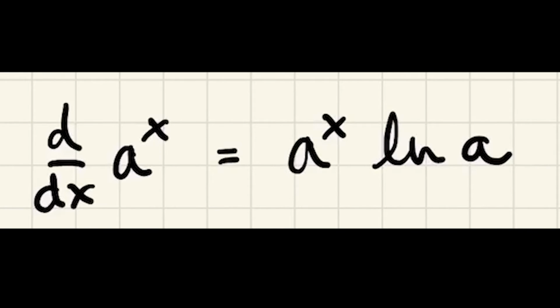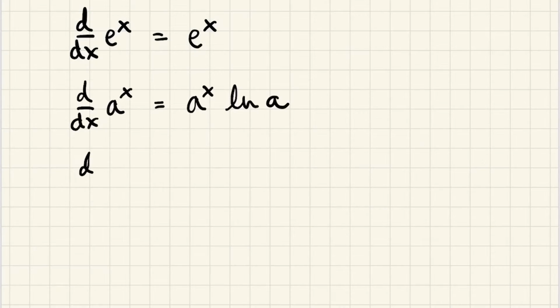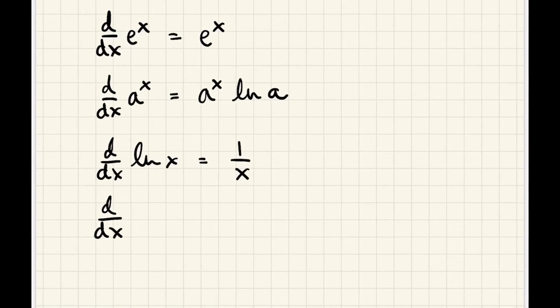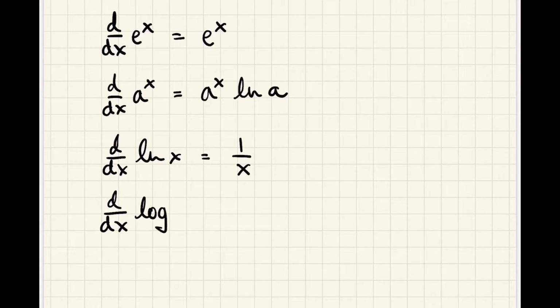Okay. Of course, you could save yourself a lot of trouble by just knowing the derivative of a to the x is a to the x ln of a. Okay, the derivative of natural log of x is 1 over x. And the derivative of log base a of x, where a is a constant, is 1 over x ln of a. Okay?